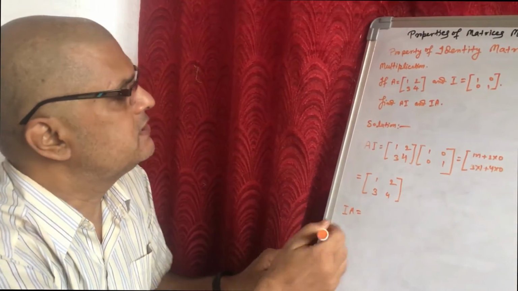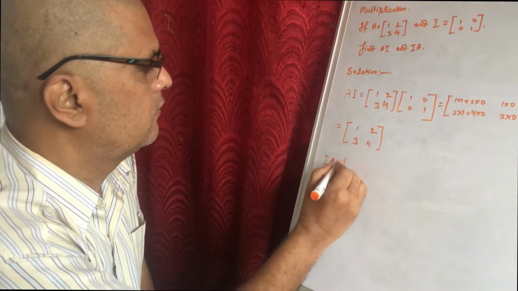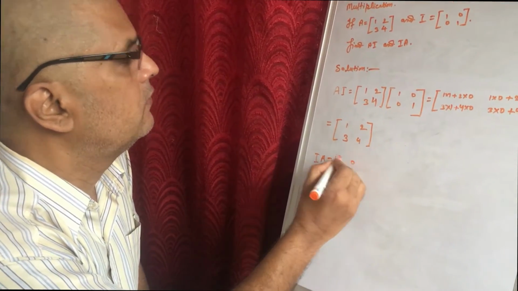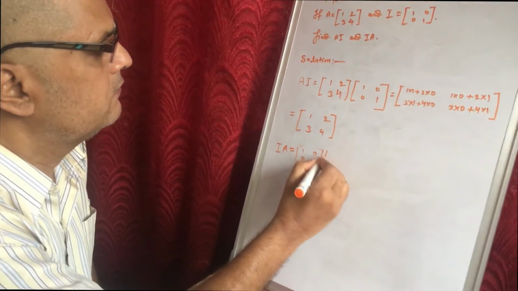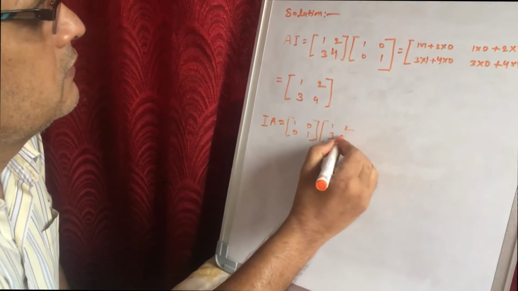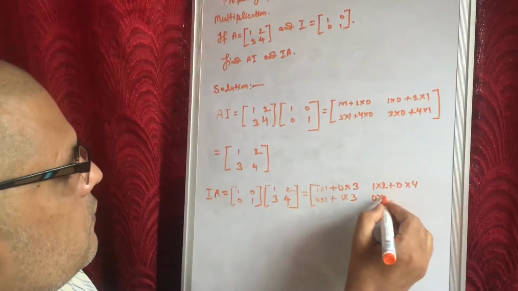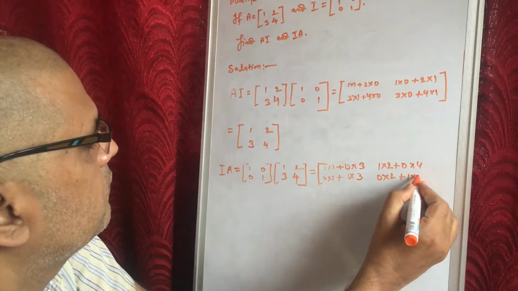Okay, now see this one, IA. I is 1, 0, 0, 1. A is what? 1, 2, 3, 4.